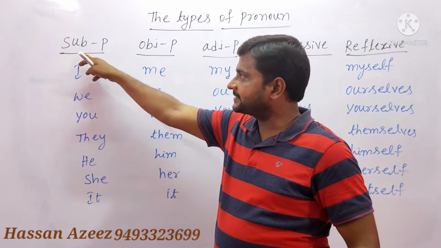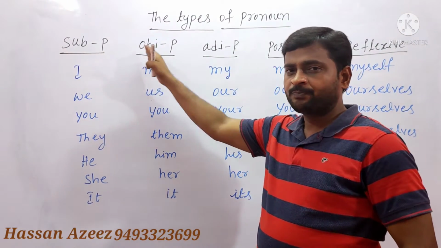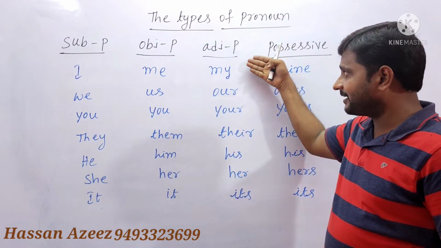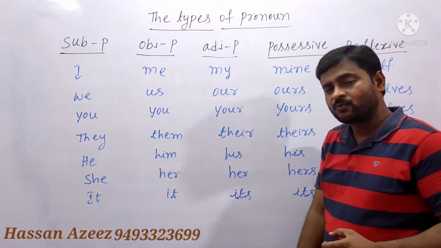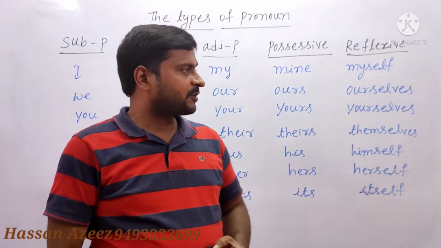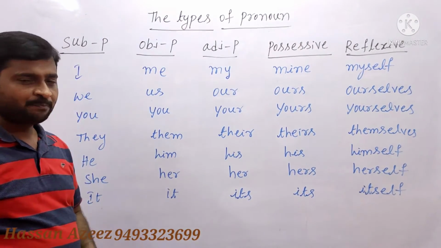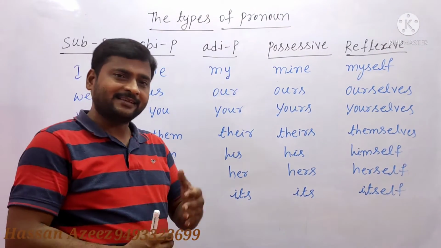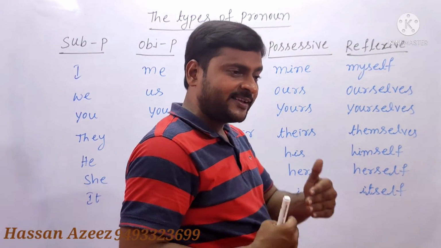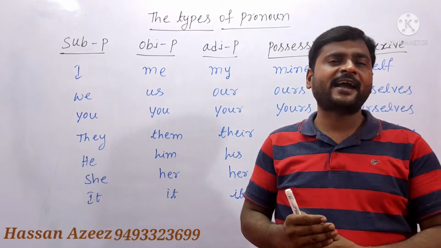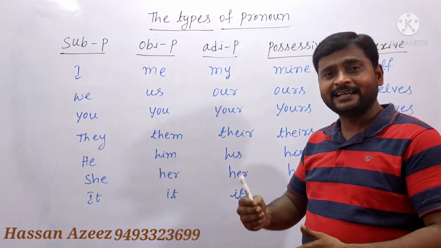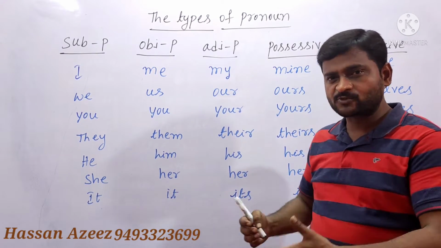Initially, you see SUB, subjective pronoun; OBJ, objective pronoun; ADJ, adjective pronoun; fourth one, possessive pronoun; fifth one, reflexive pronoun. How they are used in sentence formation, how we use them, and how we understand them while reading or analyzing any sentence.